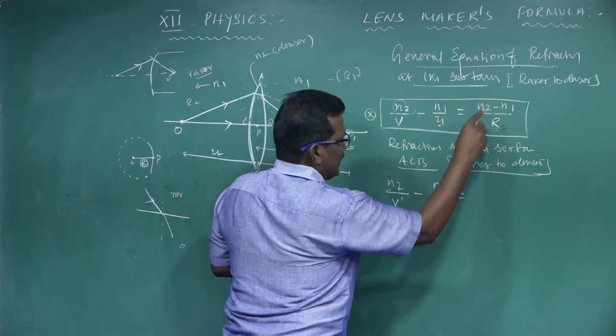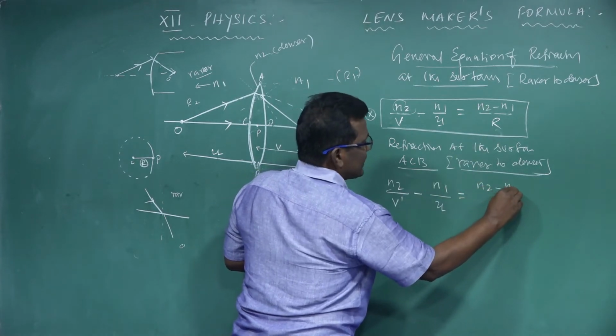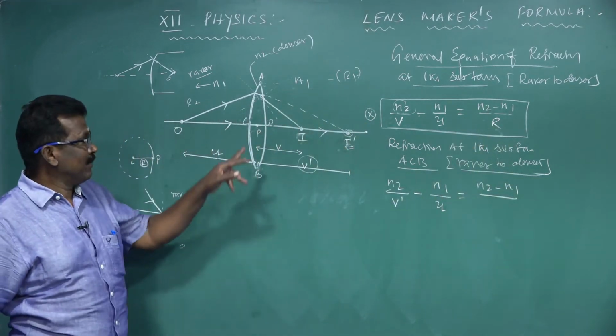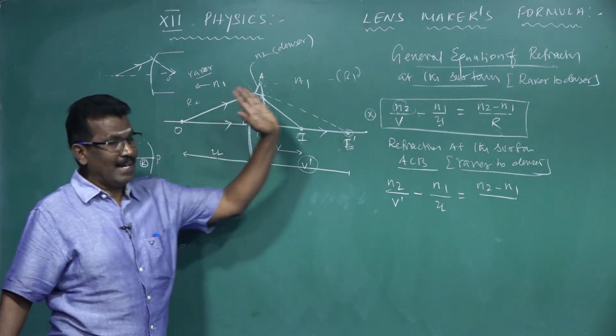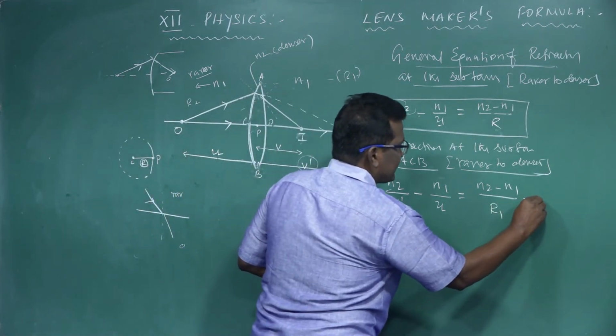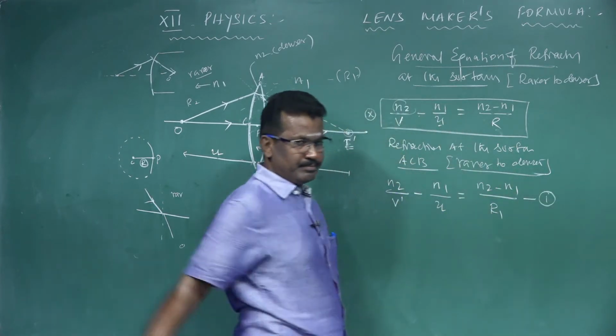It is equal to N2 minus N1 divided by R1, where R1 is the radius of curvature of ACB. Keep it as equation number 1.